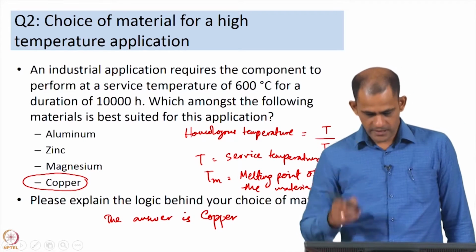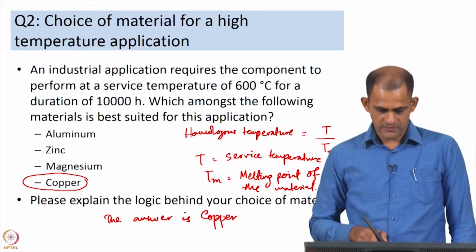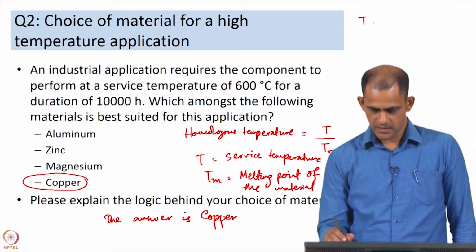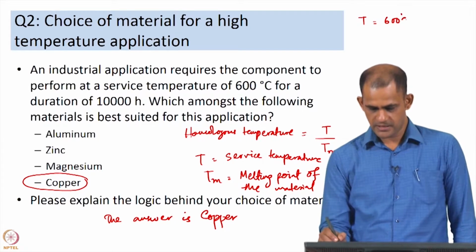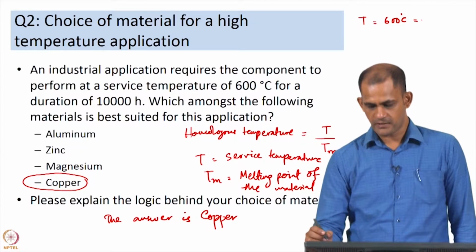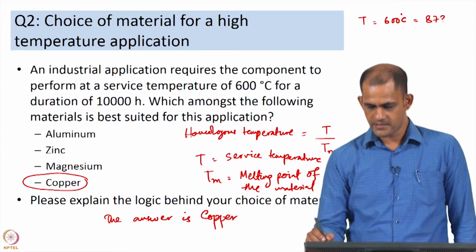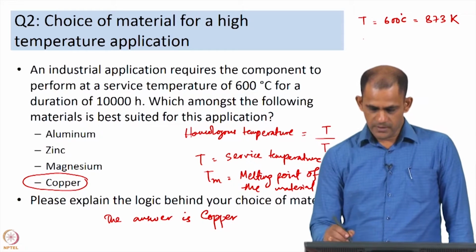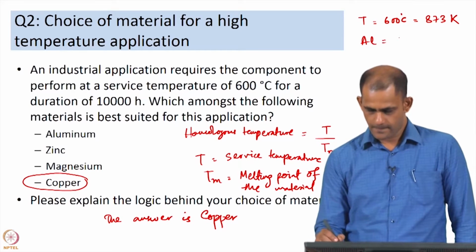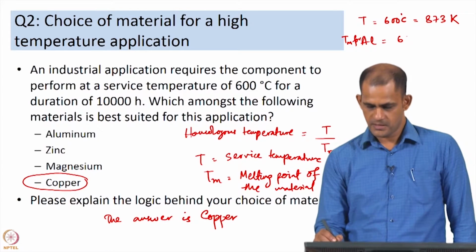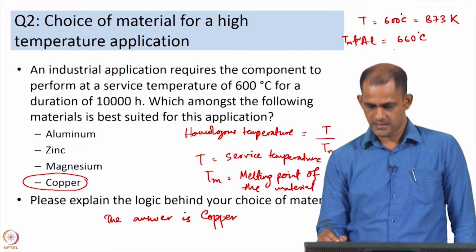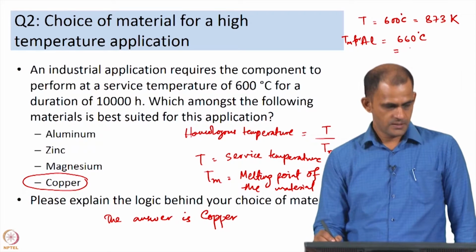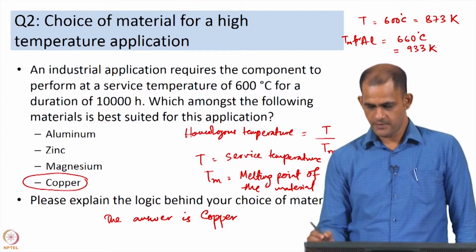Now, we know the service temperature T is equal to 600 degree centigrade. So, we have to convert it into kelvins. So, this becomes 873 Kelvin. Now, the melting point of aluminum, Tm for aluminum, is 660 degree centigrade, which means it is 933 Kelvin.